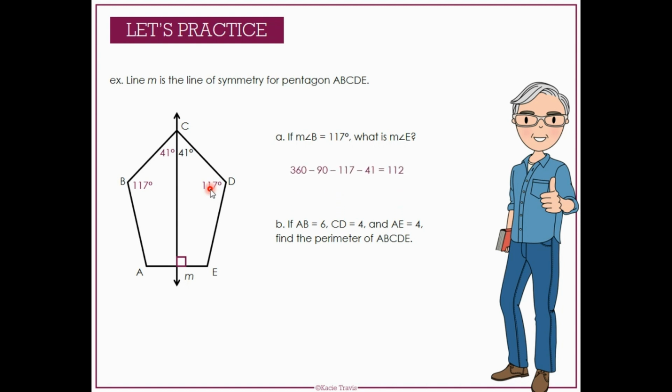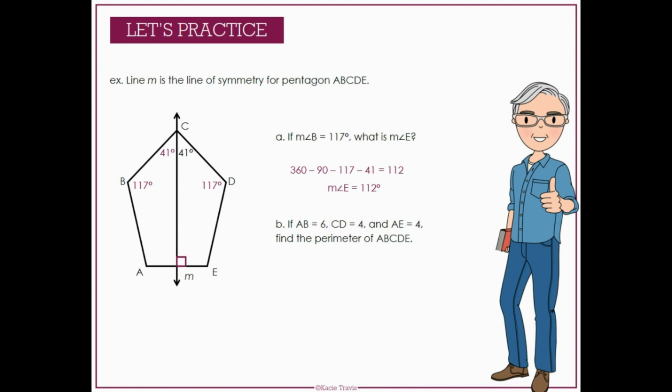So, I'll take these 3 that I do know and subtract them so I can find out the one I don't know, which is 112. So if I take 90, 117, and 41 and subtract it from 360, that gives me the measurement of angle E, which is 112.